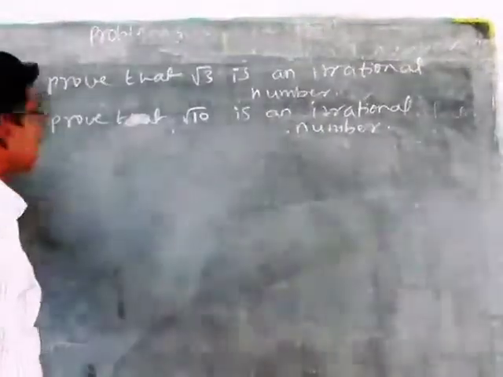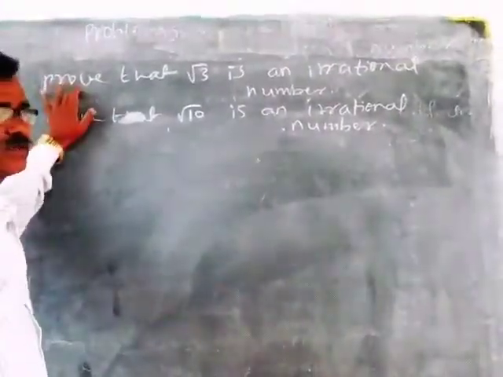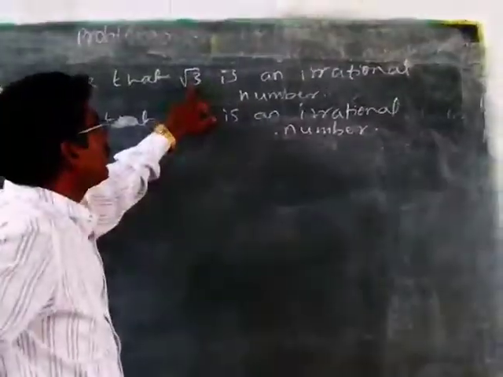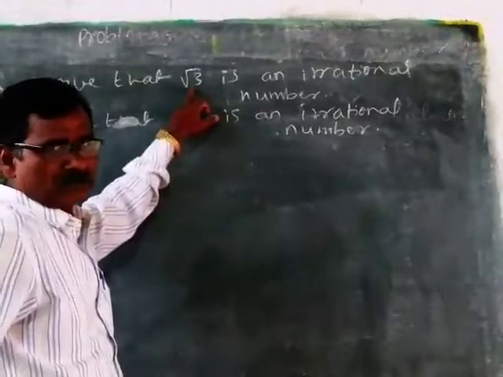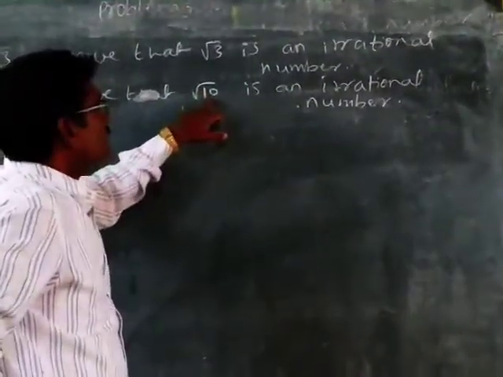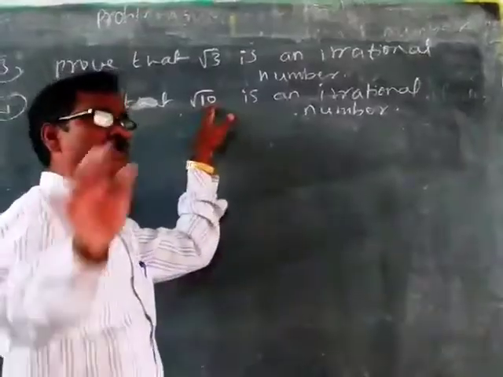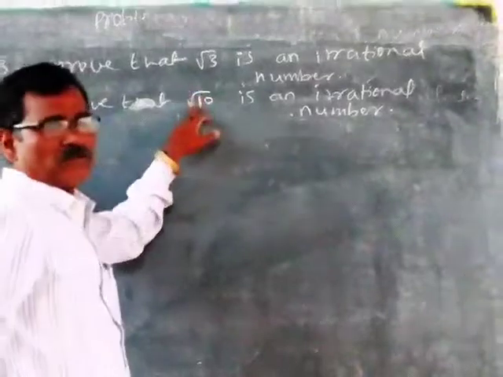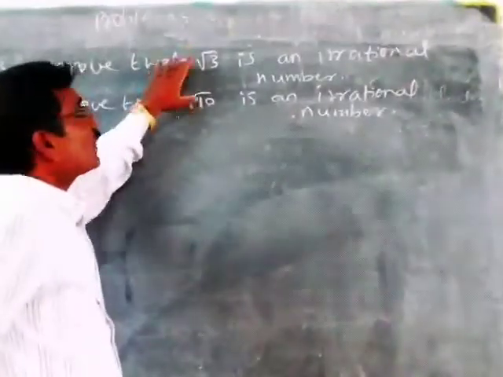I did the first and second problems, the third and fourth you have to do, so that you get it perfectly. The first problem was to prove that root 3 is irrational, similar to root 2. The next was to prove that root 5 is irrational, the second problem I did. These two are the model examples.